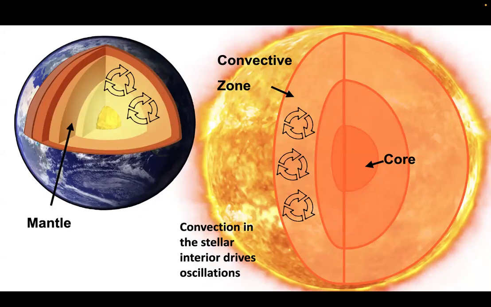And what that does is drive oscillations that propagate throughout the interior of the star and cause fluctuations in temperature on the surface that we can measure as surface brightness variations. So we can measure that in that little slice of stellar variability that I showed you in the light curves. We can use that to measure these oscillations.